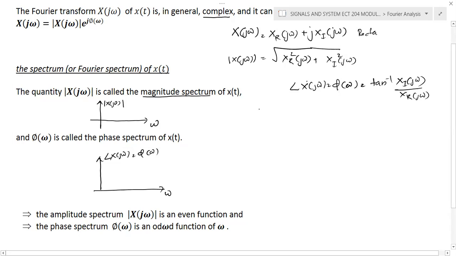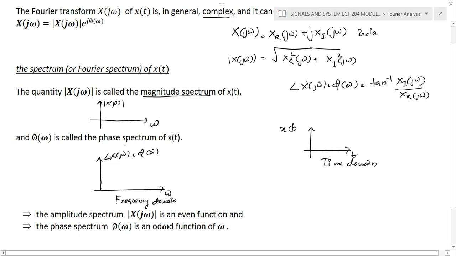Usually, the signal x of t will be plotted in the time domain, that is, with t on the x-axis. That is the time domain analysis. So here you can see it's in the frequency domain. When you do problems of the Fourier transform, make sure whether you are using the variable omega or t.